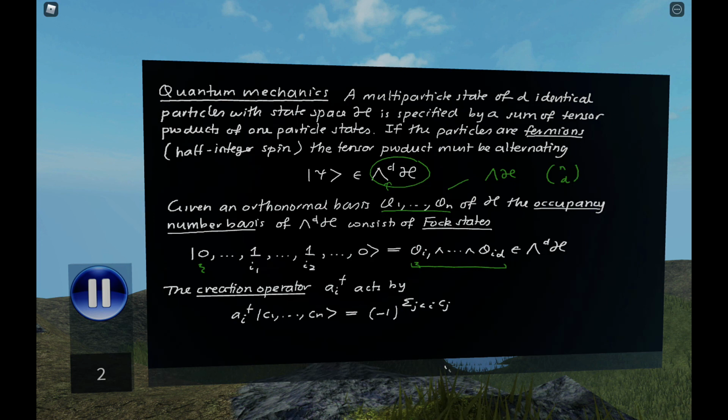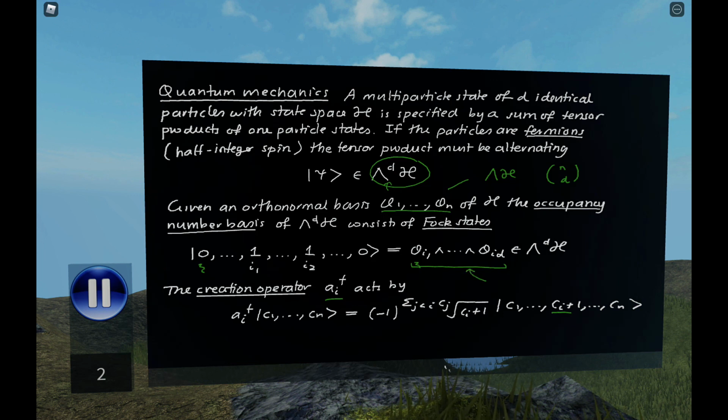Now that coefficient doesn't really do anything, because these CI's can only be either 0 or 1. And if you try and add this particle to a state that already contains it, that is, if you get a 2 here, then by the rules of the exterior algebra, that state will be 0.